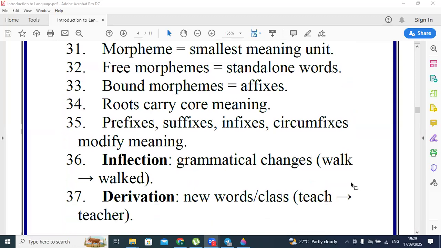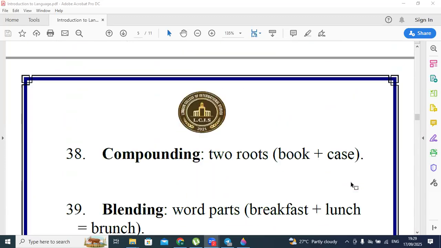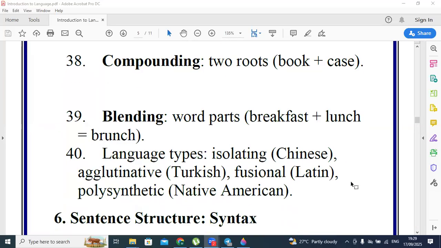Inflection, grammatical change, walk, walked. Derivation, new word class, teach, teacher. Compounding, two roots, book, case, bookcase. Blending, word parts, breakfast, lunch, brunch.